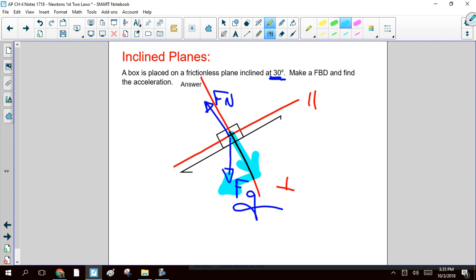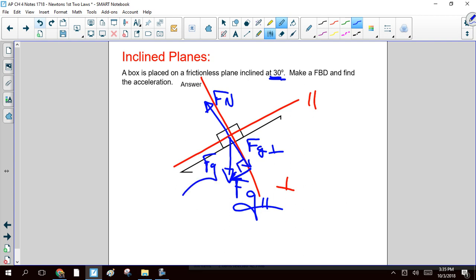So let me not draw that quite so fat. So what we end up with is this force of gravity and this force of gravity. So this guy is our perpendicular component. This side here is our parallel component, and the hypotenuse is our Fg, right?